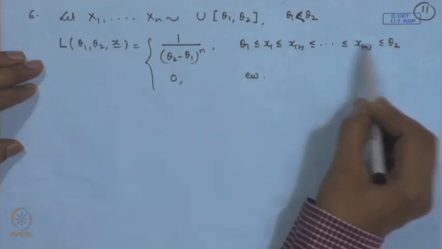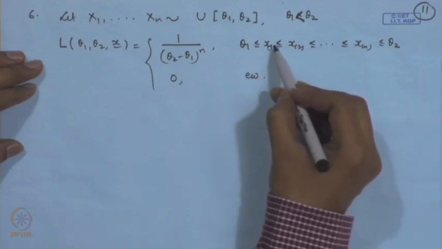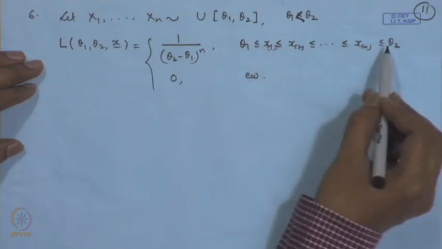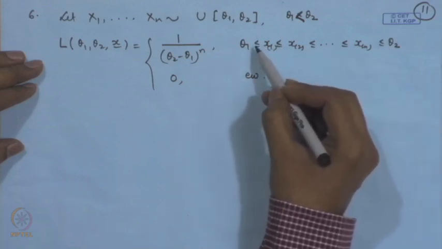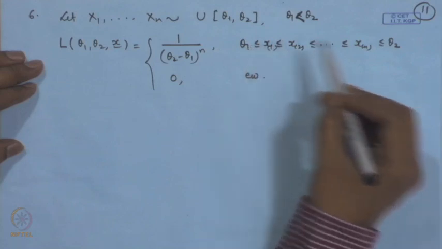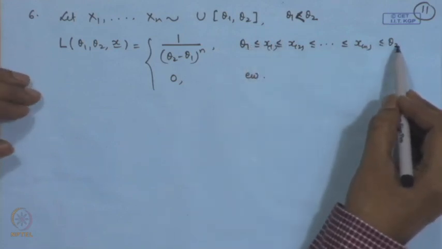Now, if you look at the nature of the observations, all the observations lie between theta 1 to theta 2. Therefore, the minimum of the observations is certainly greater than or equal to theta 1 and the maximum of the observations is certainly less than or equal to theta 2.